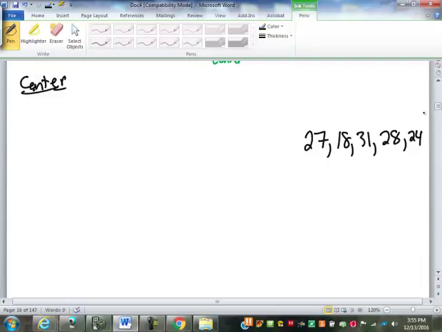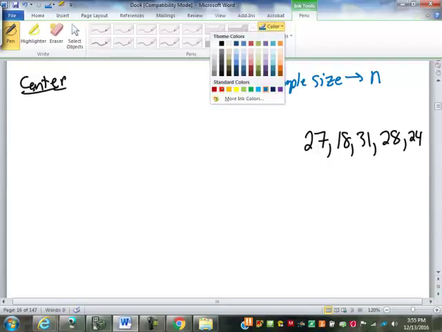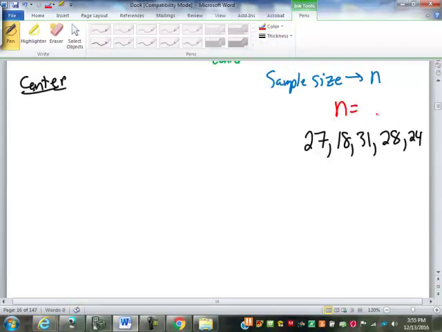I only have 5 numbers there. First thing I'm going to talk about here is size of the group, sample size. The symbol for sample size is the letter N. So for this sample here, N equals what? 5, because there's 5 numbers in that list, in that group.